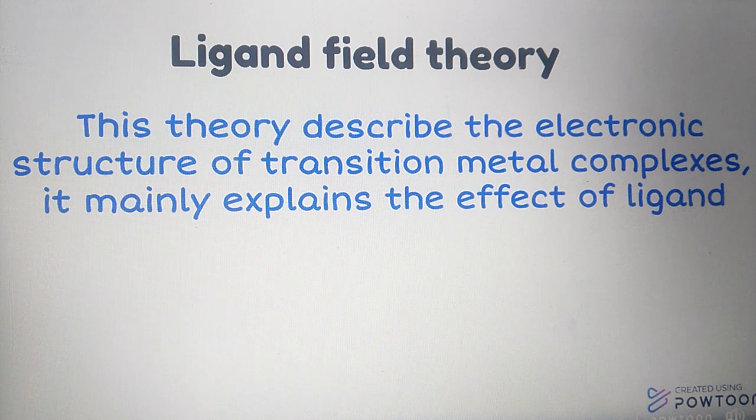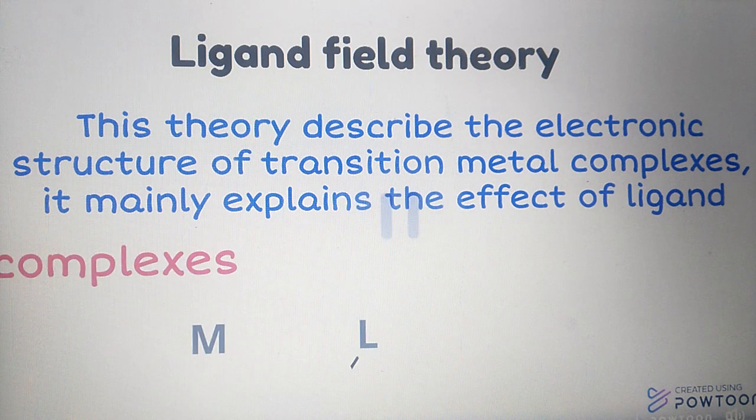First, what is a complex? A complex is a product which is obtained from the combination of a metal atom with a ligand. As we know, a metal atom or metal ion is an electron-deficient atom, so it accepts electrons from ligands and acts as a Lewis acid.